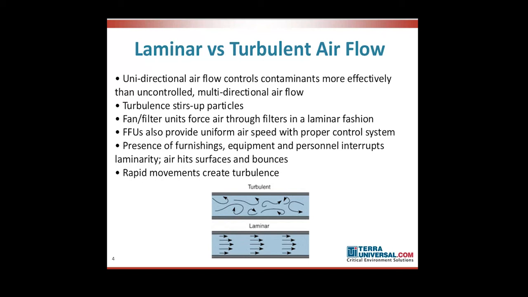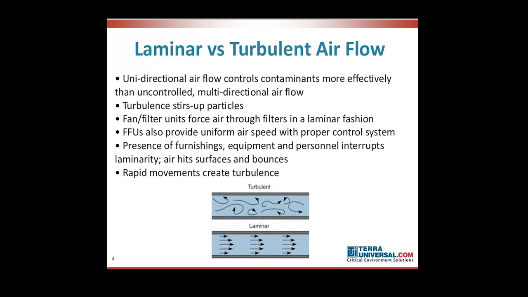But it's much more difficult to do that on a large room basis, and particularly in a clean room classification that's not as strict as an ISO 4 or 5. So laminarity is more of a concern with smaller enclosures.